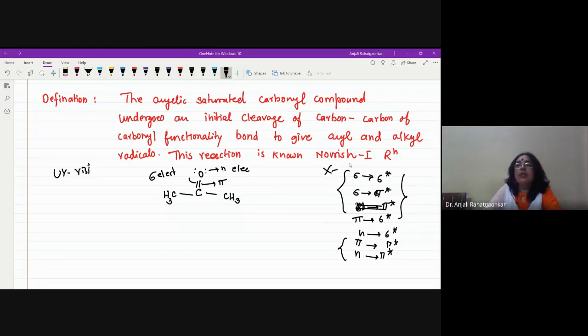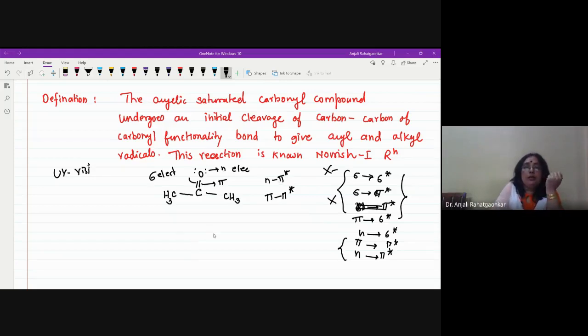That energy is not available from the UV-visible region, so these transitions are not possible in general. So what type of transitions are we expecting here? Either an n to pi star transition, or a pi to pi star transition. That's why we have selected this substrate, and this is a special named reaction done by Norrish, a Norrish type of reaction.